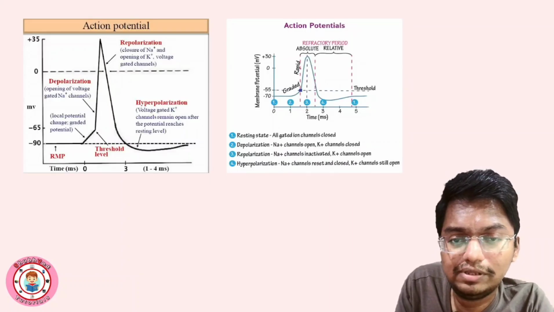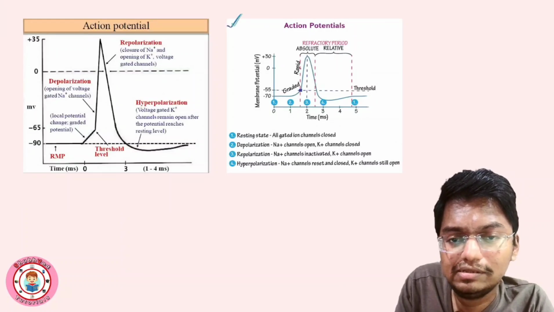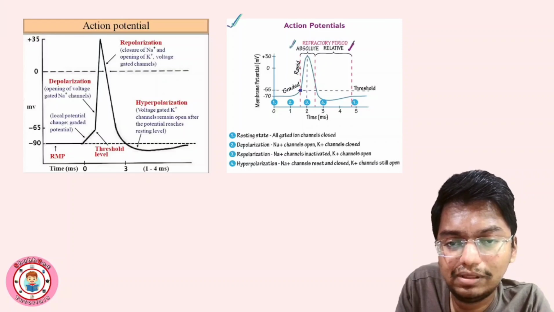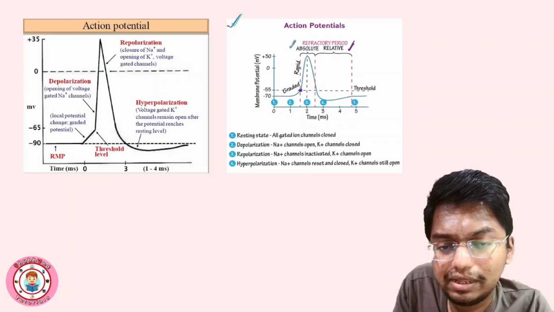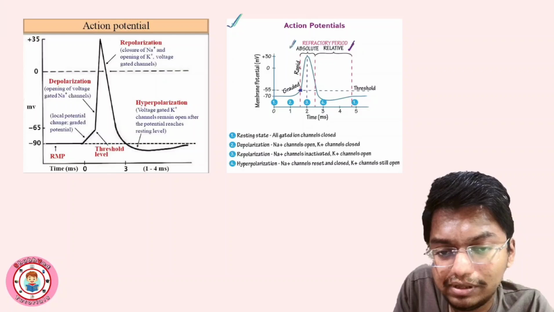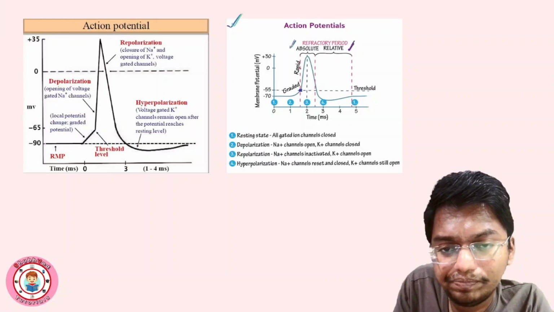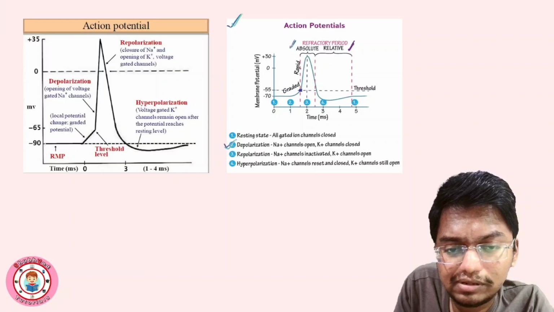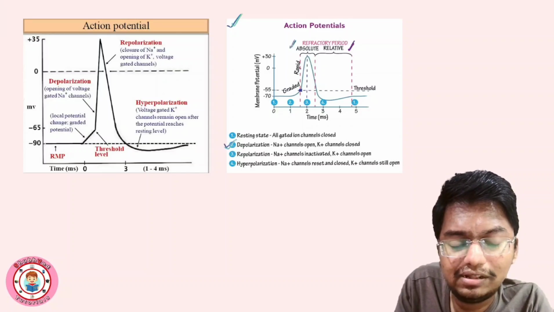Now see, this slide on the action potential. See, first is the absolute refractory period, and then the relative. Then what happens in the absolute period? You can see here depolarization is happening, right? Depolarization. Na plus channels are open and K plus channels are closed, right?